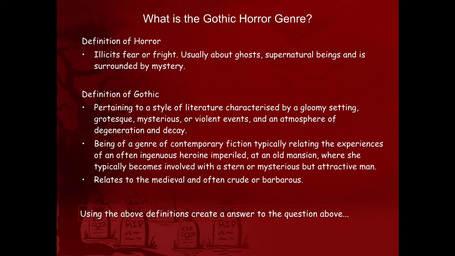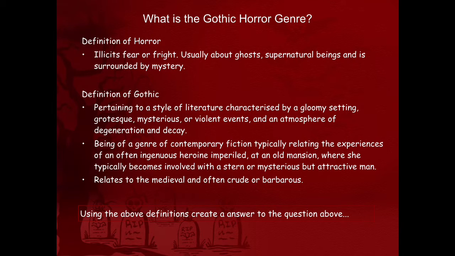The definition of Gothic is pertaining to a style of literature characterized by a gloomy setting, grotesque, mysterious, or violent events, and an atmosphere of degeneration and decay. It's also been of a genre that is contemporary fiction.